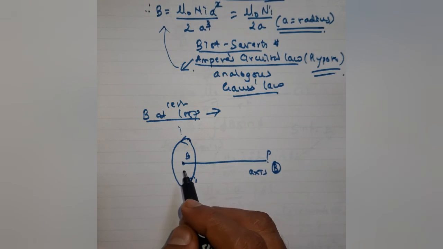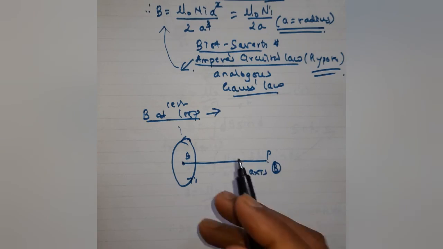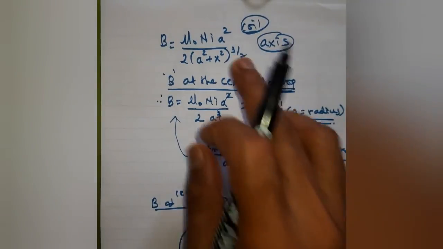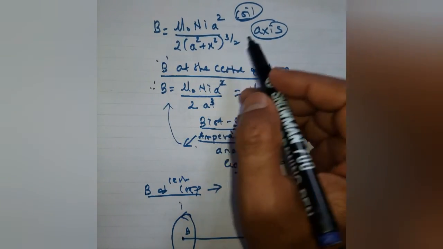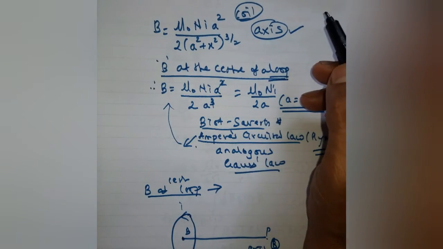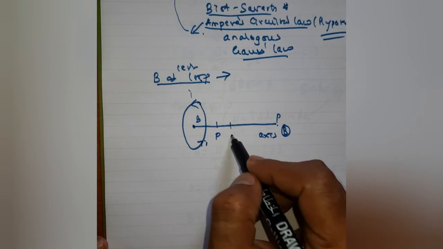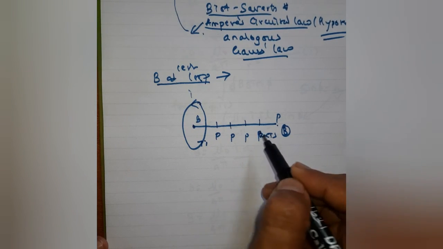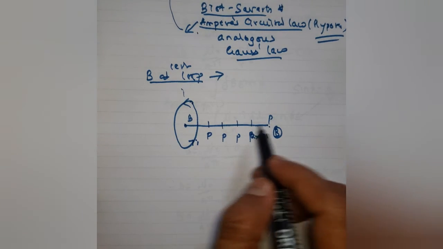To find B at the center, there is a small derivation which, if you just go through it, you will understand is simple. We have already used that concept in deriving this, but here we found it first for anywhere on the axis. So I take this point as P, or this P, or here, and I will get the magnetic field B at a point on the axis.